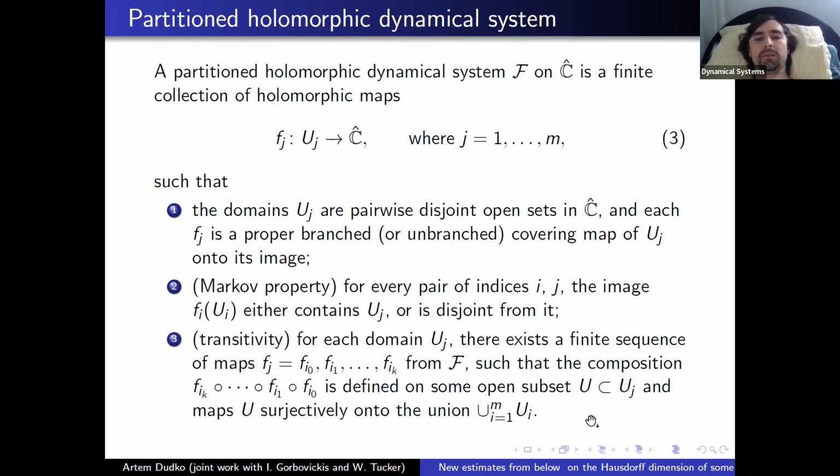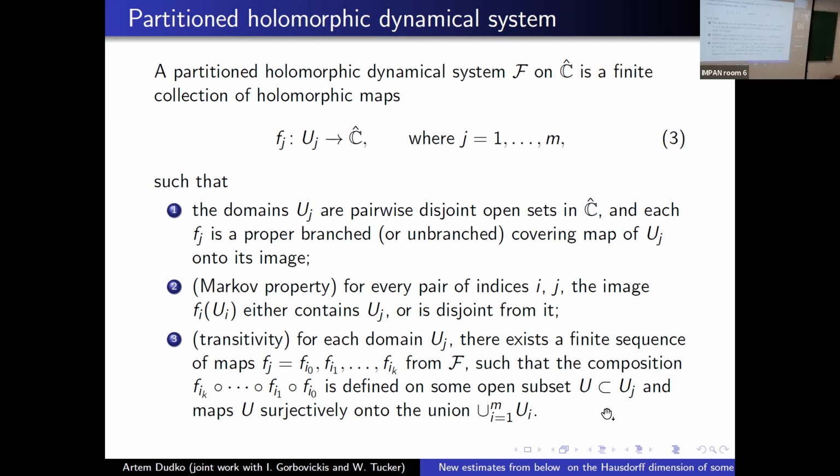And we assume certain transitivity. That is for each domain UJ, there exists a sequence of maps from our system, composition of which is defined on the subset of UJ, and maps it surjectively onto the union of all sets.